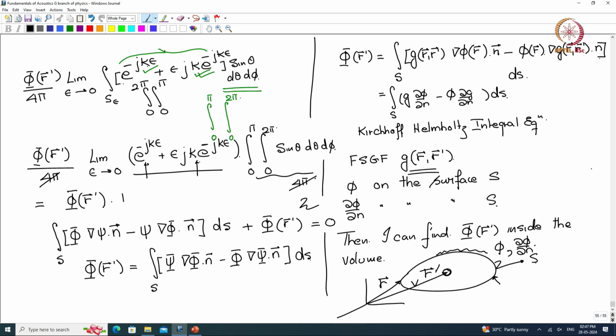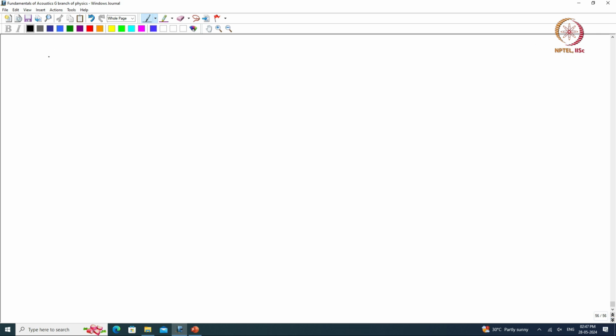Okay. Now, what is the advantage? So this is what it is. We have phi at r dash is equal to integral over S of g del phi by del n minus phi del g by del n dS.